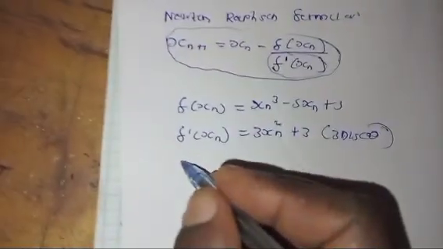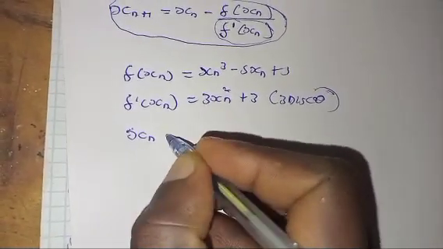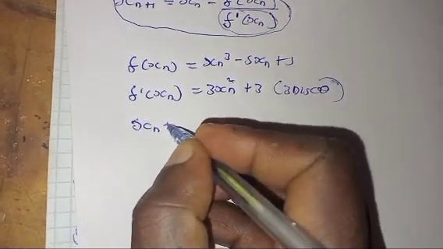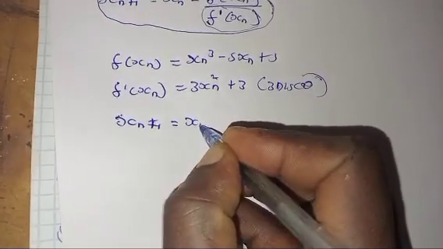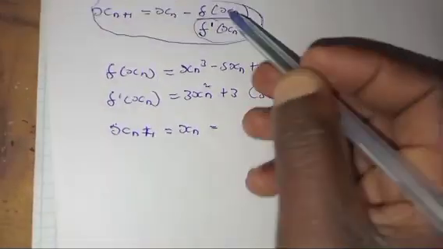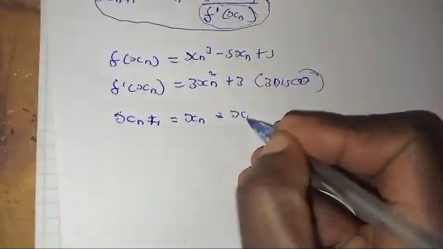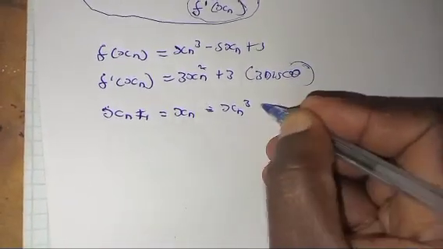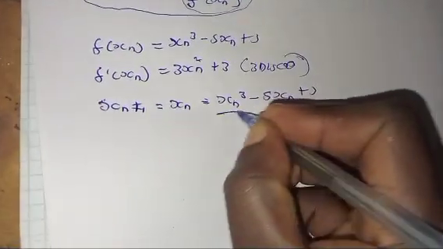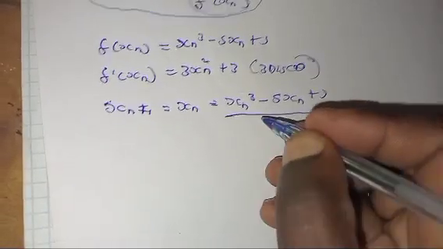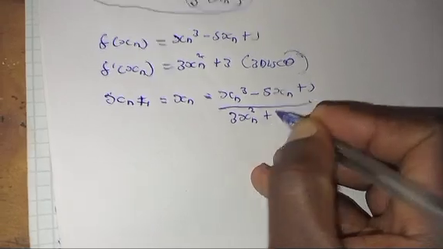Okay, we then get back to our formula, which reads x_(n+1) equals x_n minus, we now substitute: x_n cubed minus 5x_n plus 3 divided by 3x_n squared minus 5.